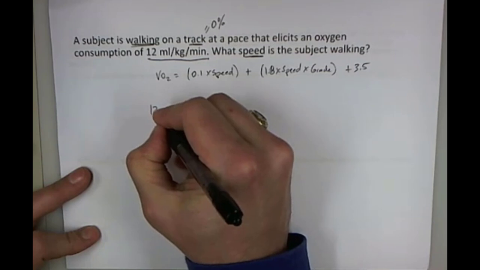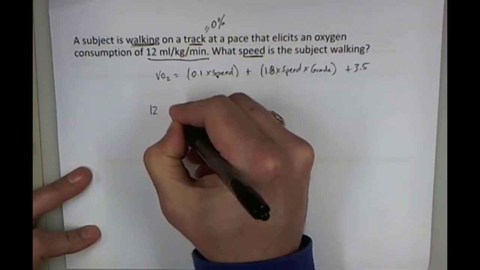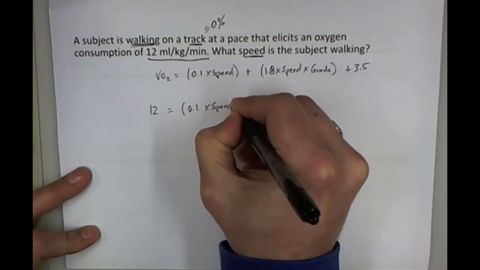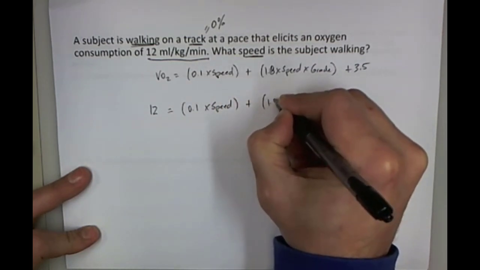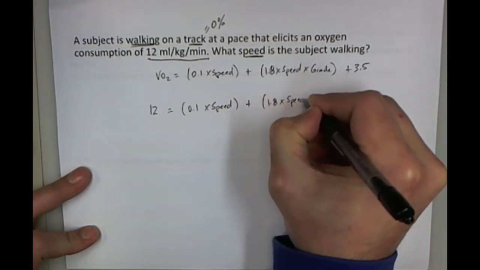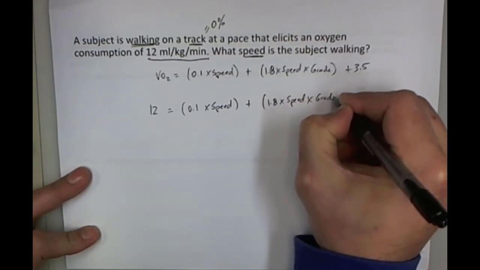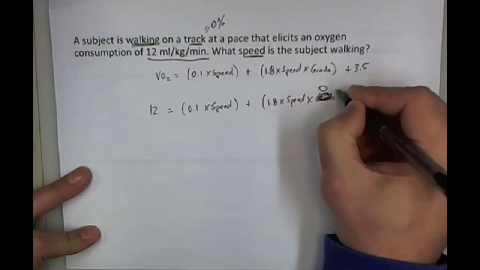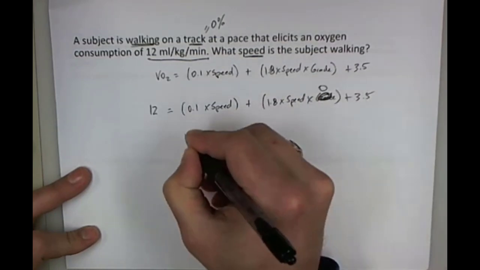Again, VO2 is 12 mL per kg per minute, which is equal to 0.1 times our speed plus 1.8 times speed times grade, which is, instead of grade, we write 0, plus 3.5.